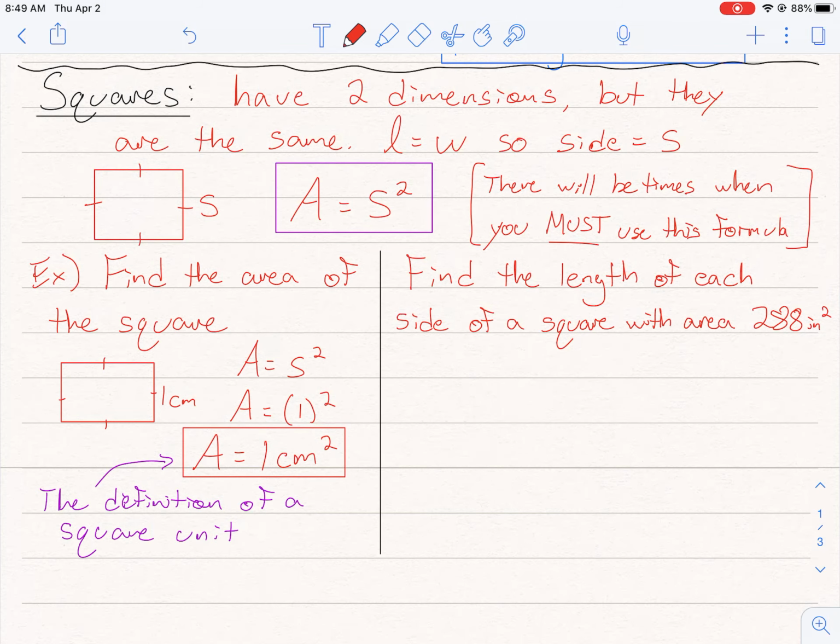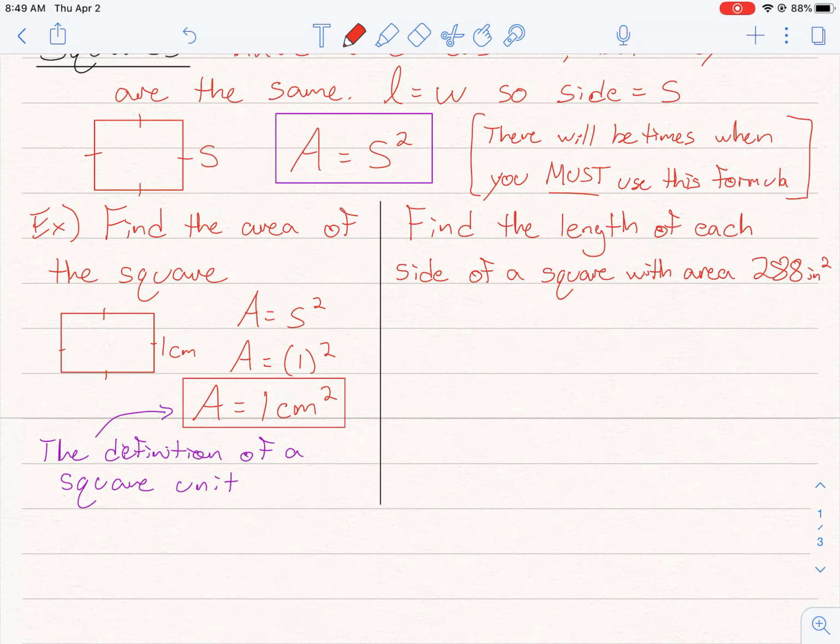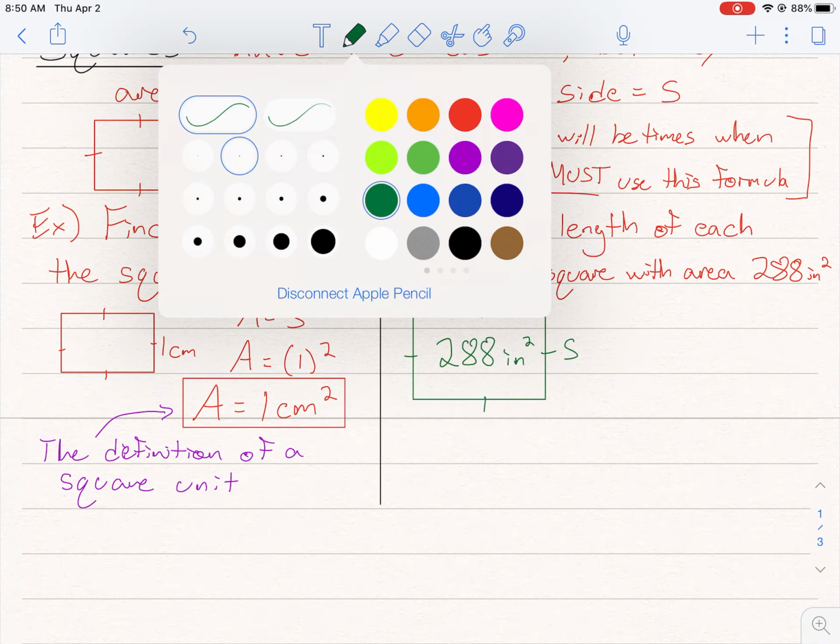So now we're going to find the length of the sides rather than finding the area here. I'm going to draw this picture. I'm doing dark green. So here's my square. I know that all of my sides are congruent here, and my area is 288 inches squared, but I'm looking for a specific side length.